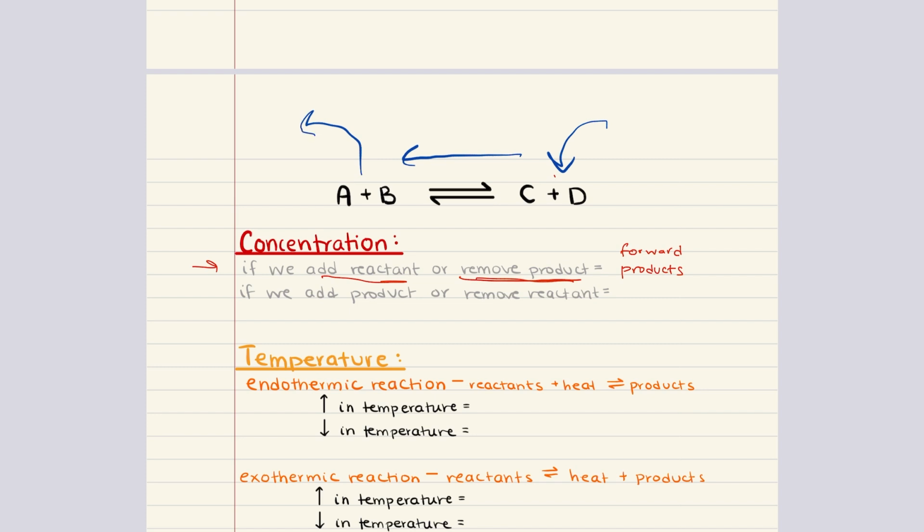If reactants are removed, the system will shift in the reverse direction as well to produce more reactants and again compensate for the fact that we have removed reactant. Now, in summary, whether we add product or remove reactants, the system's going to shift in the reverse direction and we're going to favor the production of reactants. So that's what happens when we play around with concentrations.